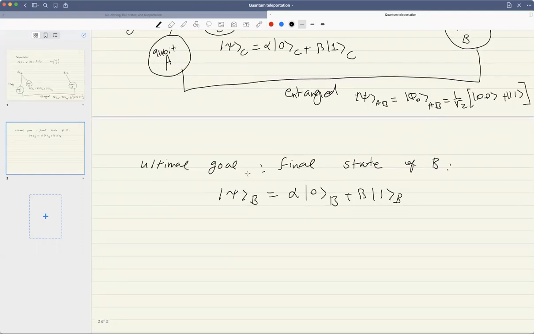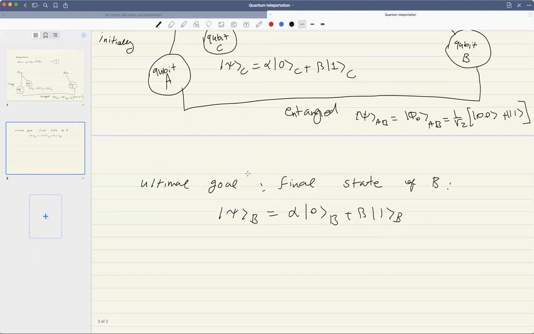Okay. So first, before trying to figure that out, let's think about the initial state. So we're saying the initial state before doing any measurement is this phi 0 AB, one of the Bell states for A and B. Those are the 2 qubits that are initially entangled.